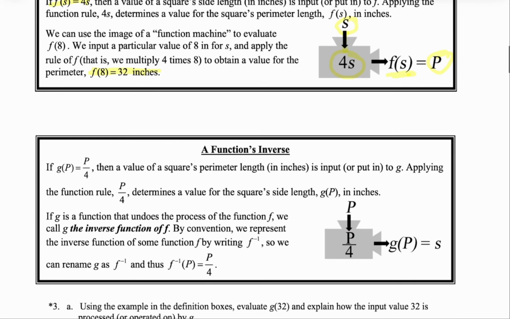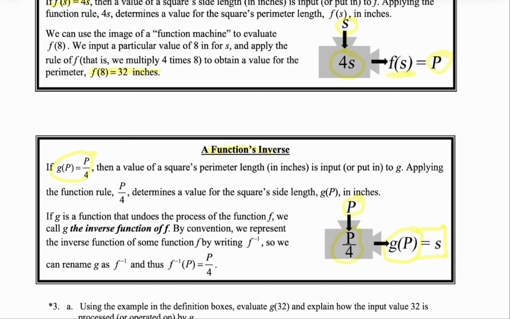But what we're going to be talking about in this investigation is an inverse function. So if we call a function g of p, and we input the perimeter, we would have to divide by 4 if we wanted the g function to give us a side length.